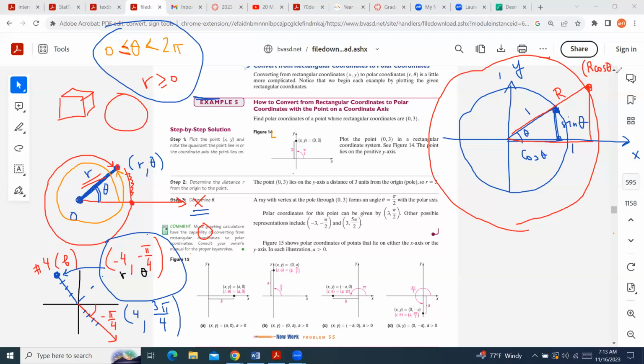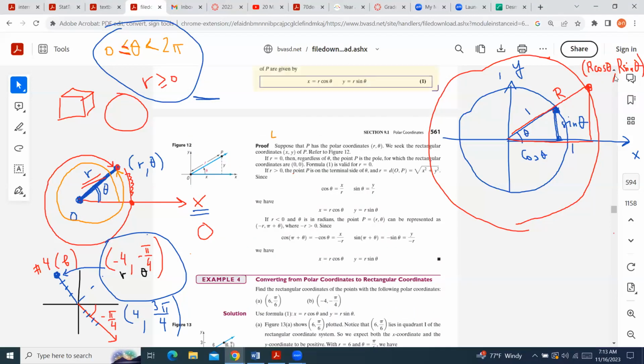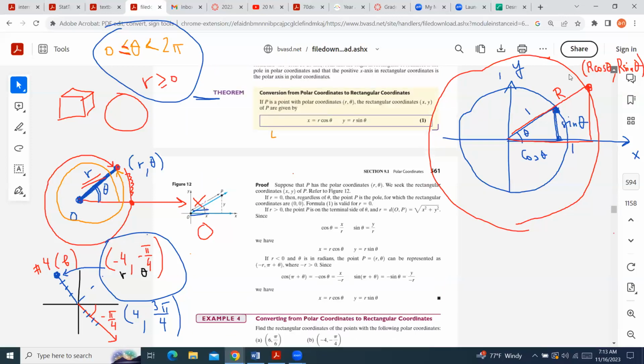And for the y coordinate, it'll be radius r multiplied by sine theta. I think that's what they discussed on the previous page. I just went through them and saw these little formulas that we already utilized before. So it turns out these are key formulas. X is going to be r cosine theta and y is going to be r sine theta. And that's actually the idea why, because of, again, the similarity of those triangles.